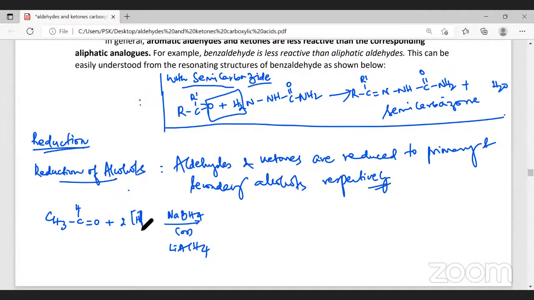Hydrogen in atomic state is called nascent hydrogen. So 1 mole of an aldehyde or a ketone requires 2 moles of hydrogen. One hydrogen attacks oxygen, the other hydrogen attacks carbon. So we get CH3, CH, here H, and OH.